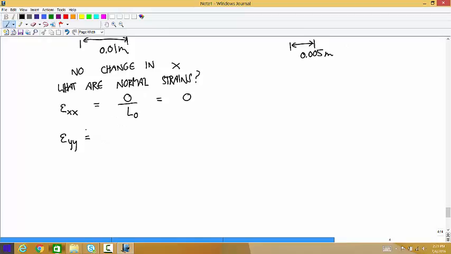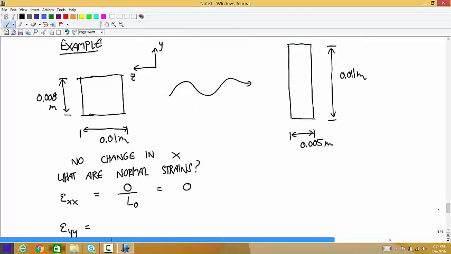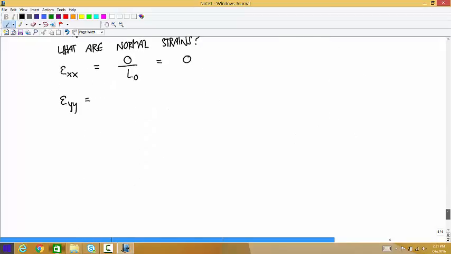Epsilon YY is 0.011 minus 0.008 divided by 0.008.